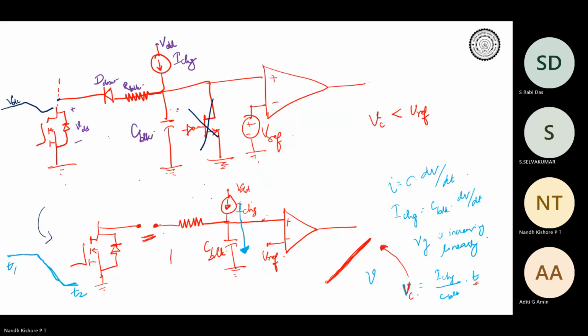Okay, fine. So this period between 0 to T2 is a period during which your circuitry is kind of disabled.